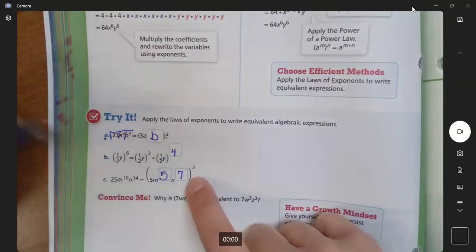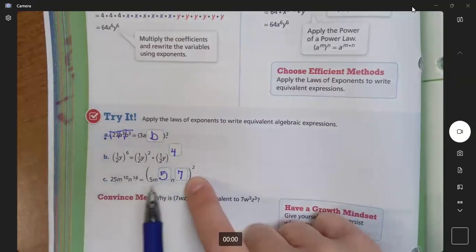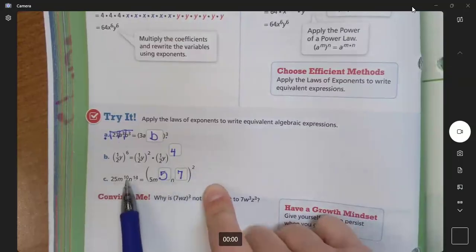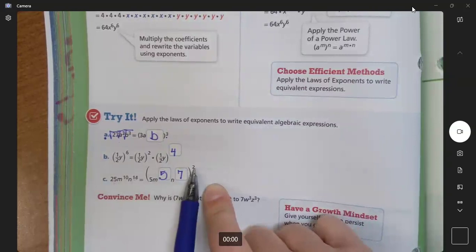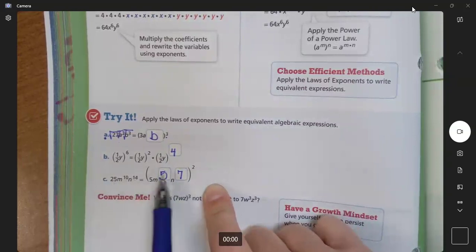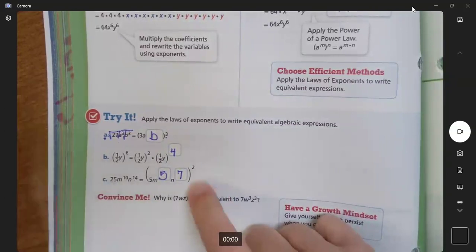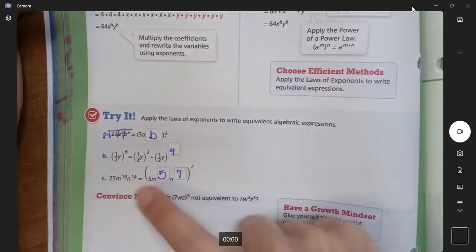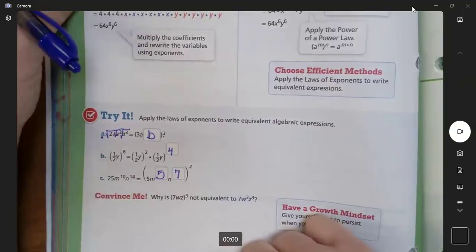This one is not squares. Either way, it works out. So again, power of a power states 5 times 2 is 10, 7 times 2 is 14. Because when you have parentheses, it's power to a power. All right.